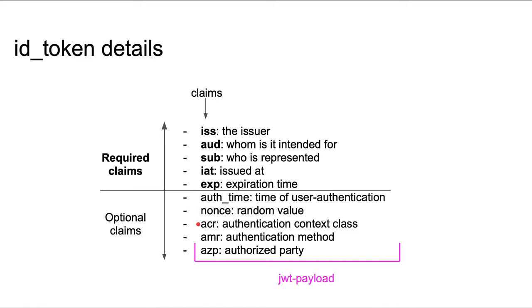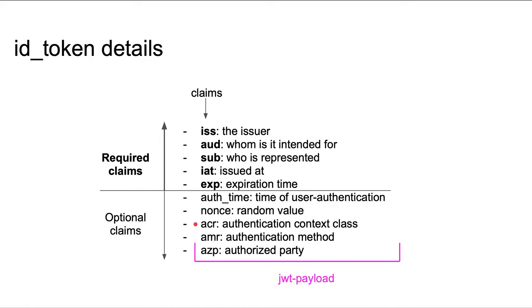The ACR, authentication context class, says something about the trustworthiness of the authentication procedure. Let's say you would have a value like level 0.